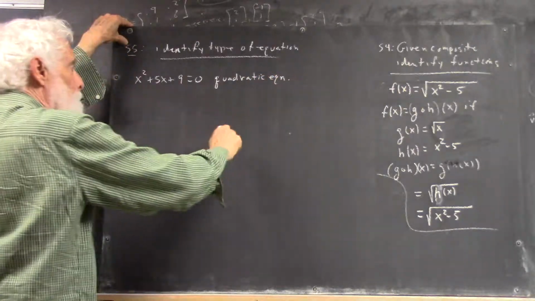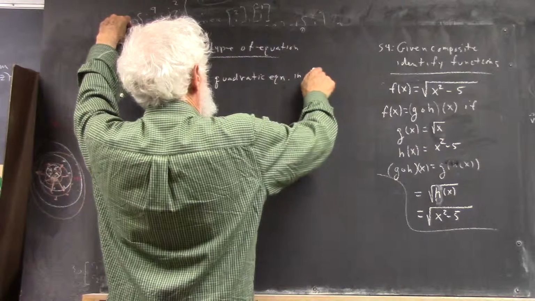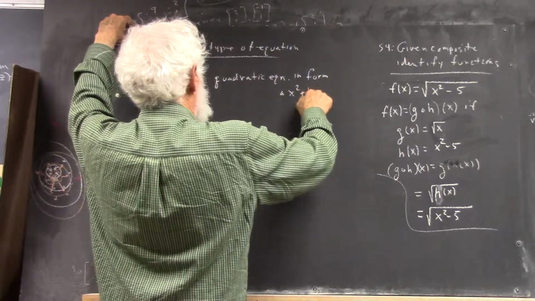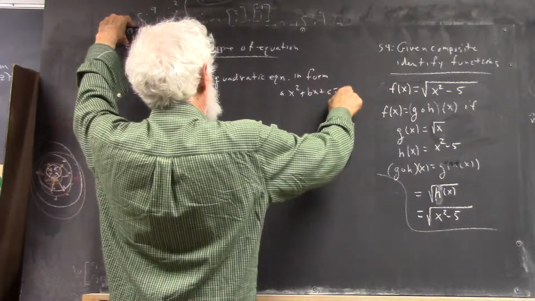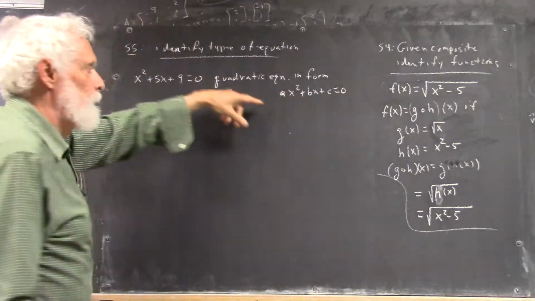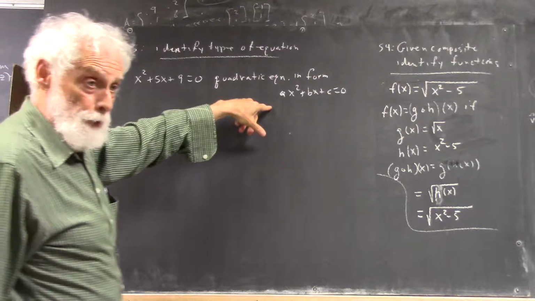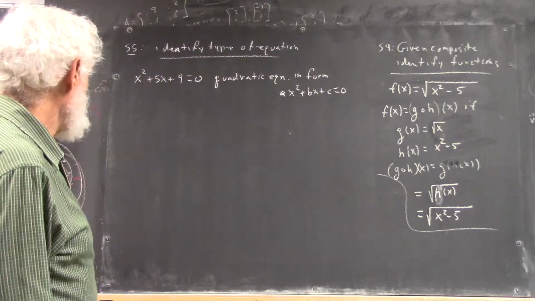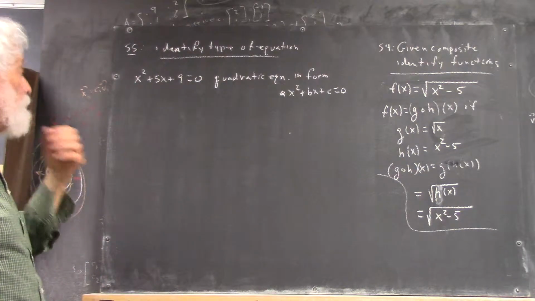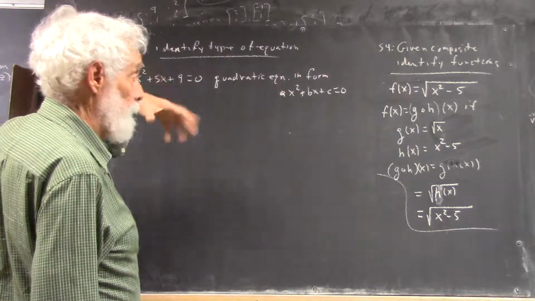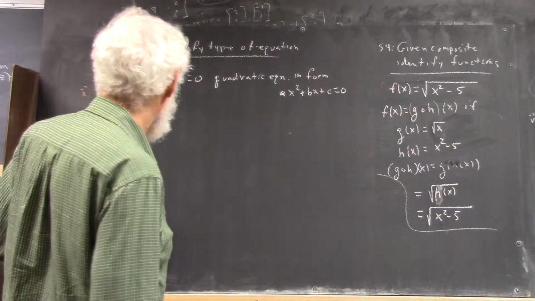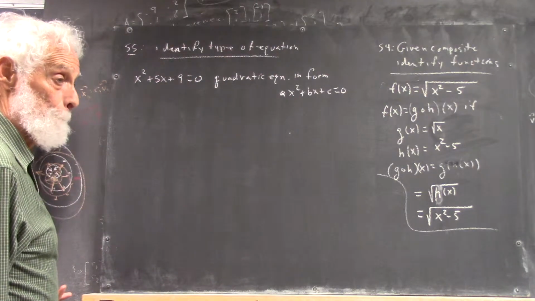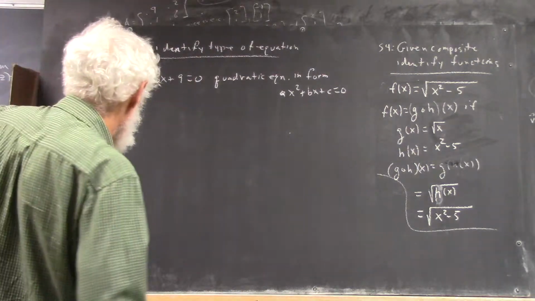And it's in the form ax squared plus bx plus c equals 0, to which you would apply the quadratic formula. Now, you can also solve the equation by factoring if the thing factors, but you find that this doesn't. And from the quadratic formula, you find that you have complex conjugate solutions. But anyhow, that's an example of a quadratic equation.